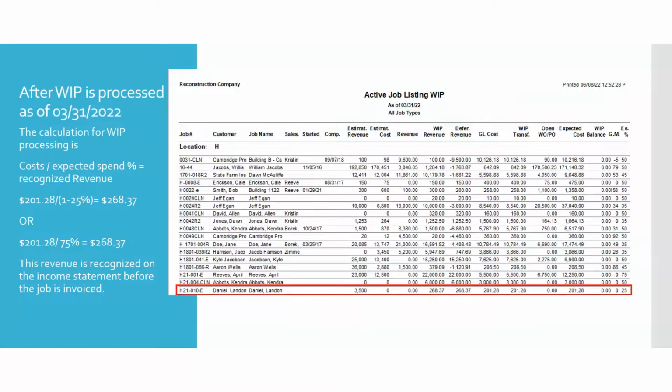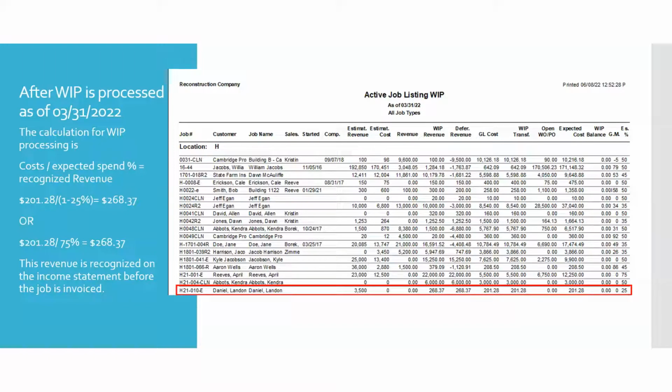The active job report reflects the WIP run and the changes. After WIP is processed, as of 3/31 of 2022, the calculation for WIP is as follows. Costs divided by expected spend % equals recognized revenue.